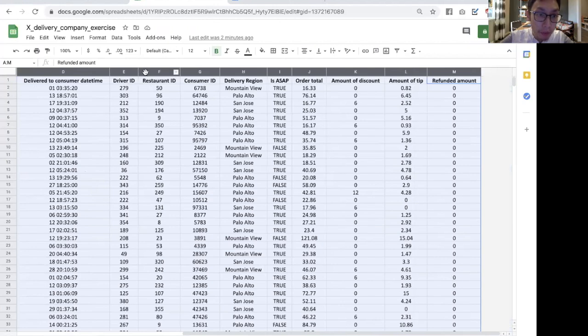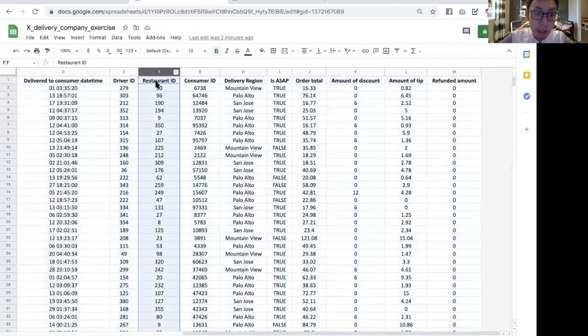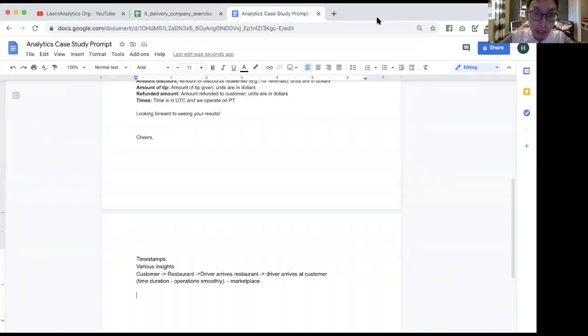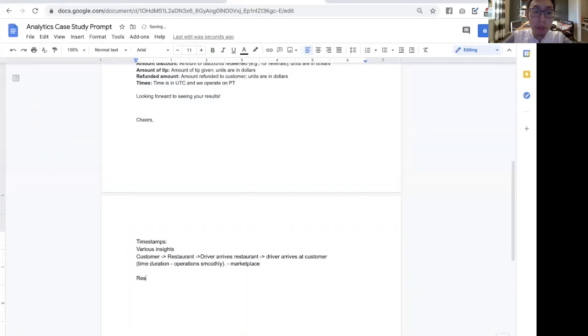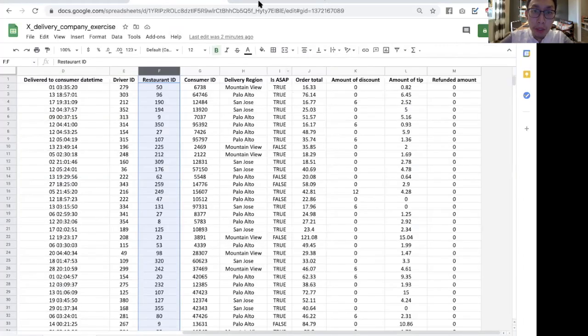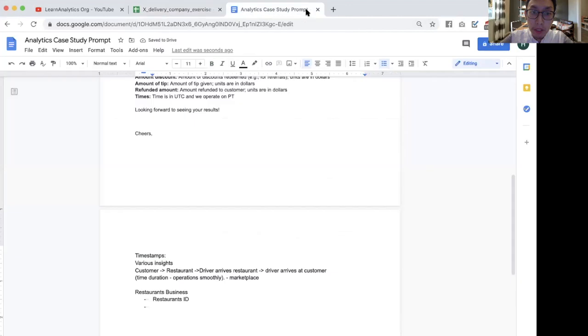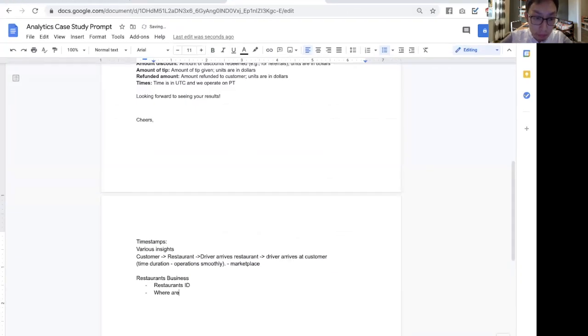is there's a lot of information about the restaurants. So there are restaurant IDs here. Ultimately, another thing I care about is the restaurant's business, as in the restaurant's ability to generate orders, where people are ordering their food from, like which are the most popular restaurants, for example.